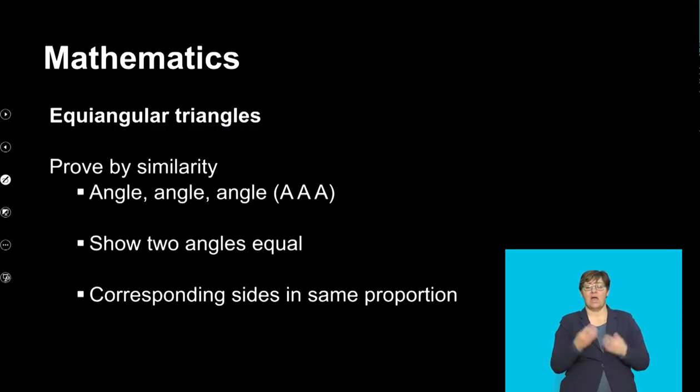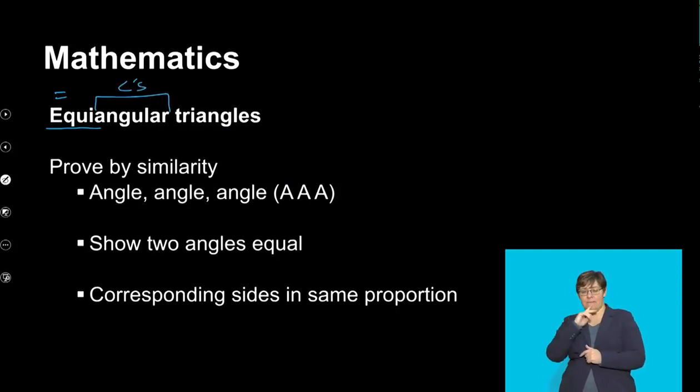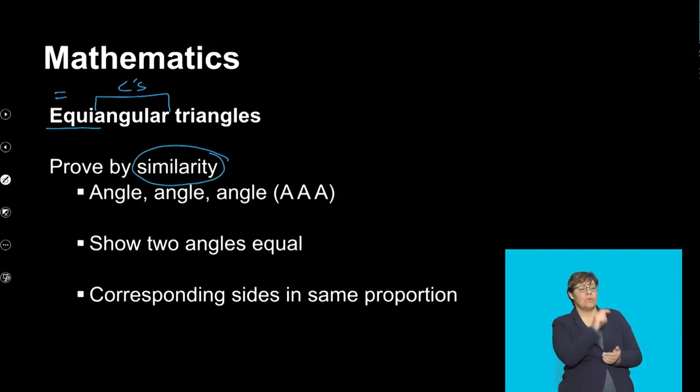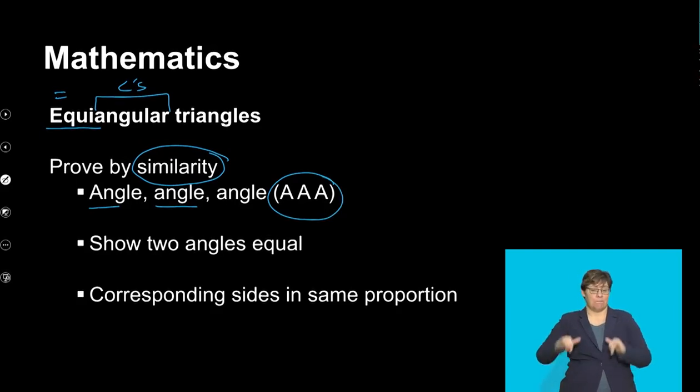Now, we have what you call equiangular. Now let's talk about this. Equi means equal, and then angular will mean angles, right? Equal angles. So if we're talking about equal angles, triangles, we're really talking about things that we can prove using similarity. And we need to just talk about the angles being equal, right? Because all corresponding angles must be equal.